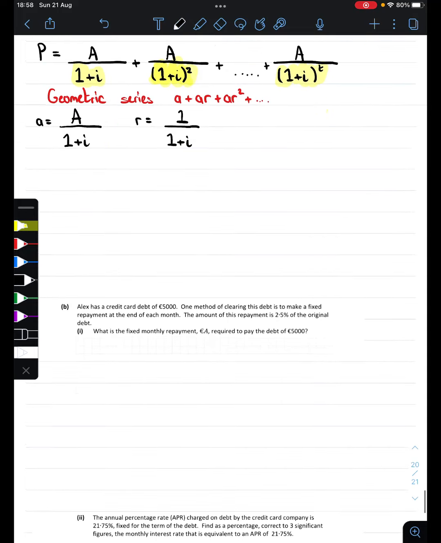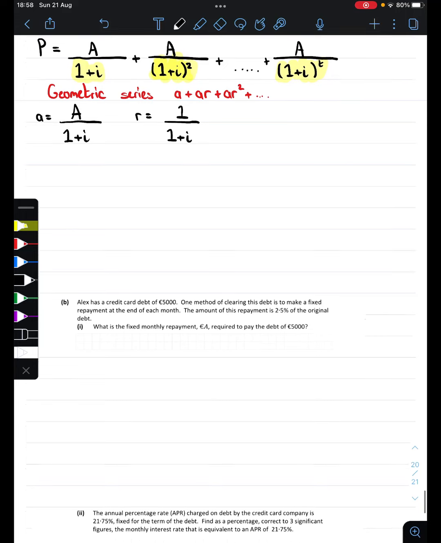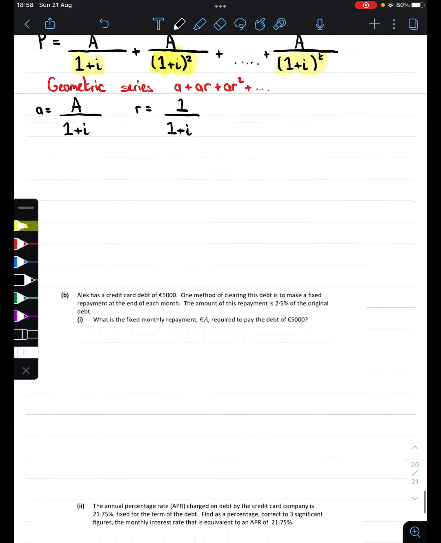Okay, so we have this formula: a plus ar plus and so on and so forth plus ar to the t minus 1.